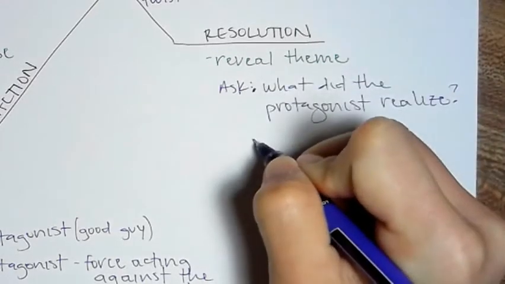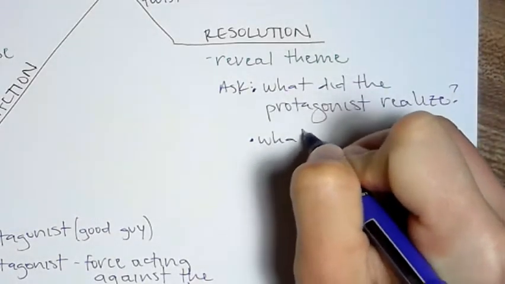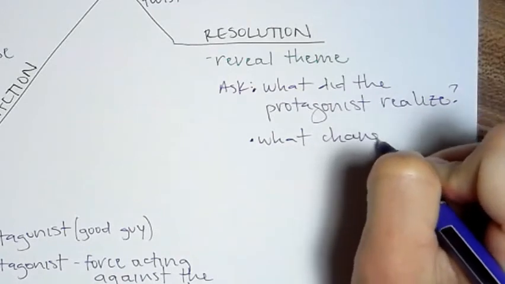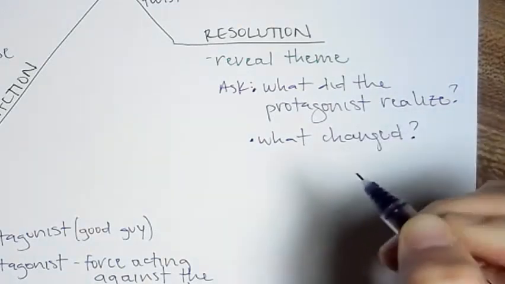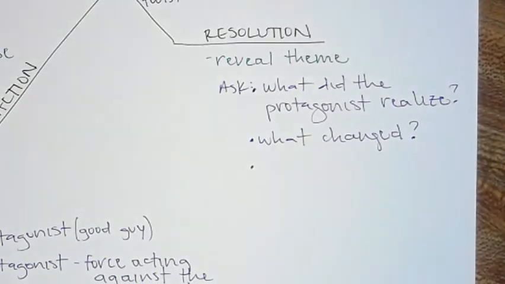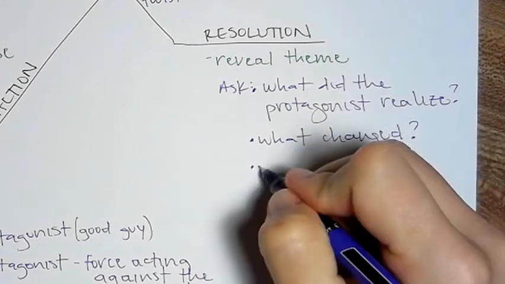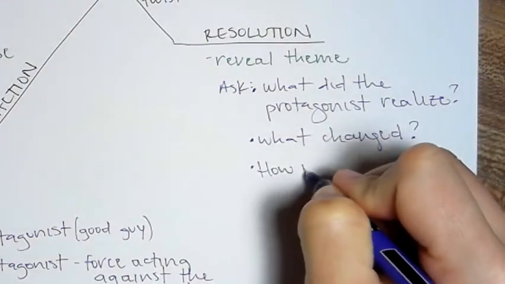You could ask yourself to get to the theme, what changed? Those are pretty good ones to start. What did the protagonist realize? What changed? Sort of, how is life different now?